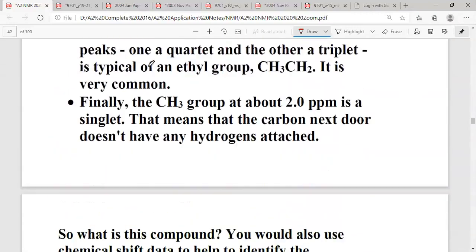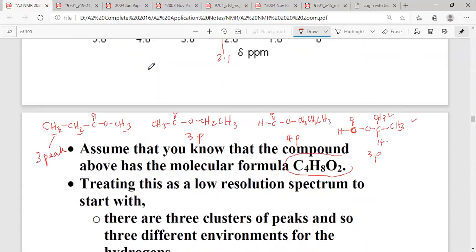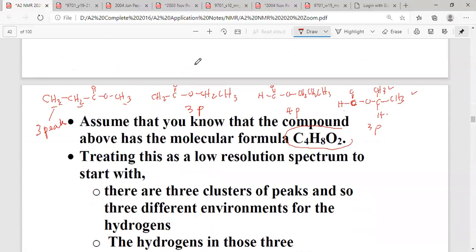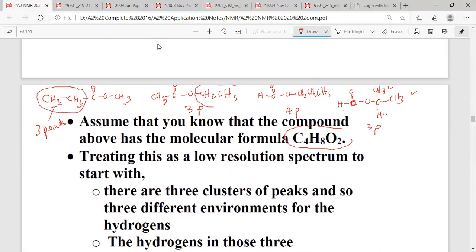Now I draw another one over here. This is just CH3. So it cannot be this one and cannot be this one, because this one has a value of 6.11, so it cannot be this one.